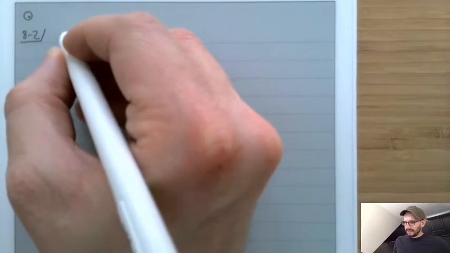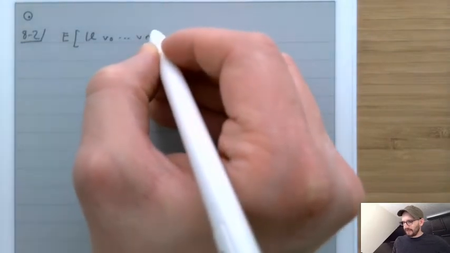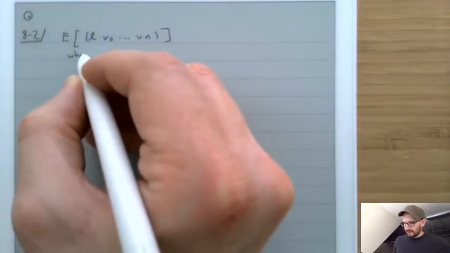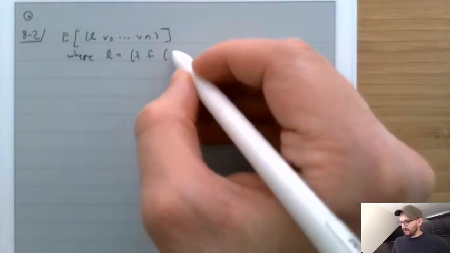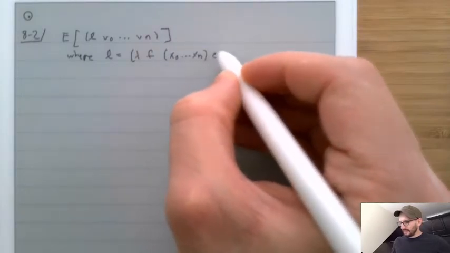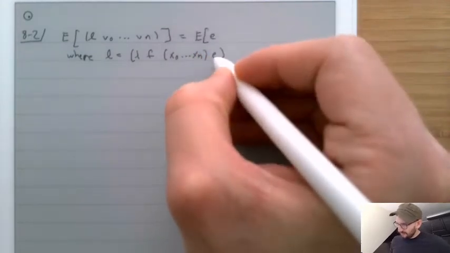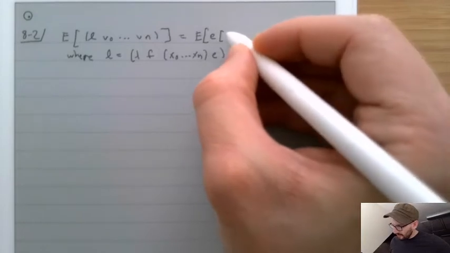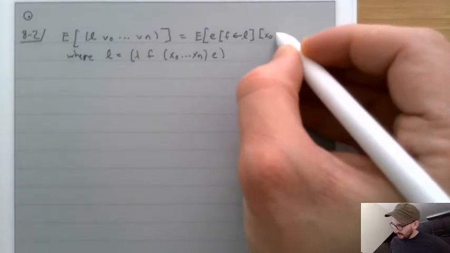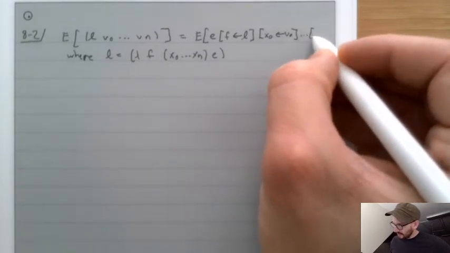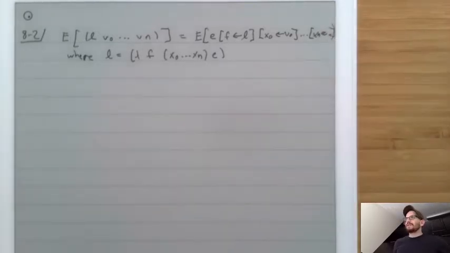We would say that E of L v0 through vn, where L is equal to lambda f x0 through xn e, that's going to be equal to E of the body, that e, where we're going to go in and we're going to find f and replace it with L. Then we're going to find x0, replace that with v0, and so on till we get to xn replaced with vn. Okay, so this is a very simple rule.